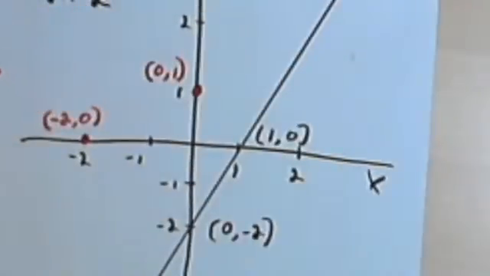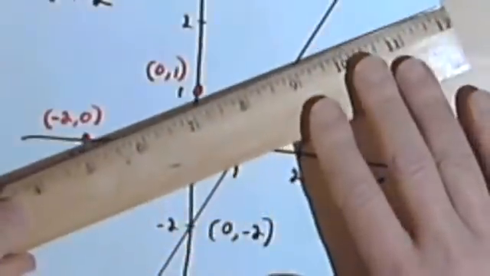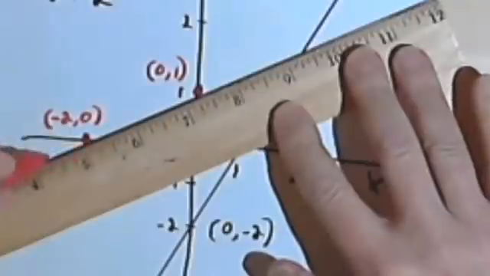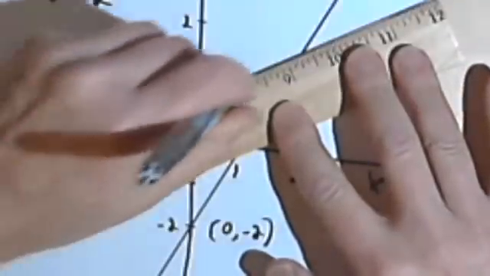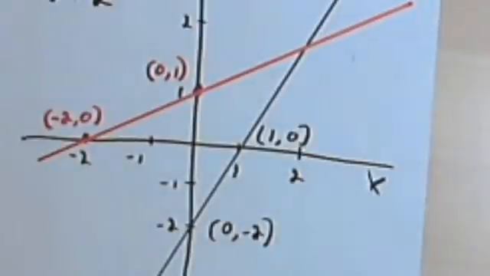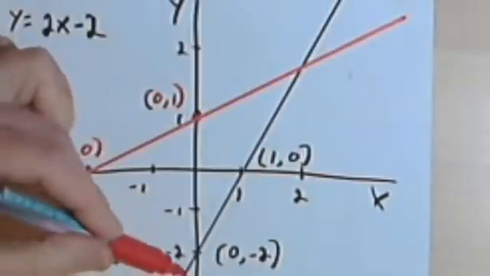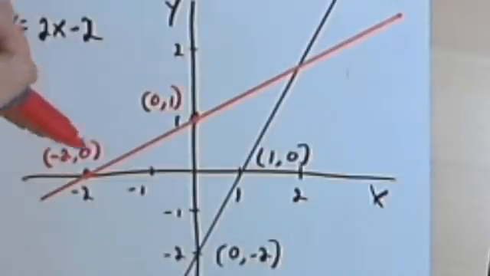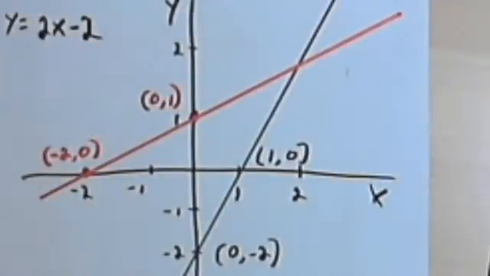And now, since this was a linear function, which is a straight line, I can just take a ruler and connect those 2 points, and I'll get the graph of the inverse of that function. Okay, so the black line is the original function, and the red line is the inverse. And that's all there is to a simple linear function.